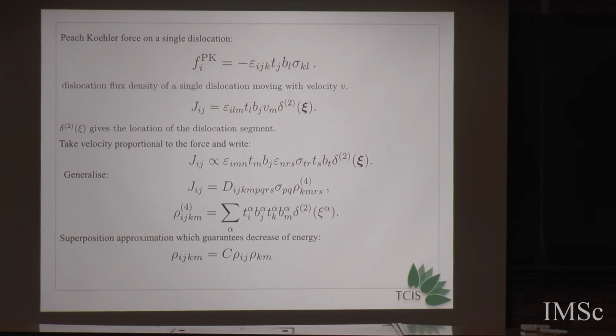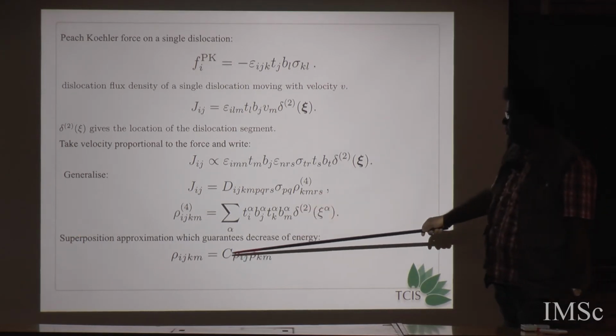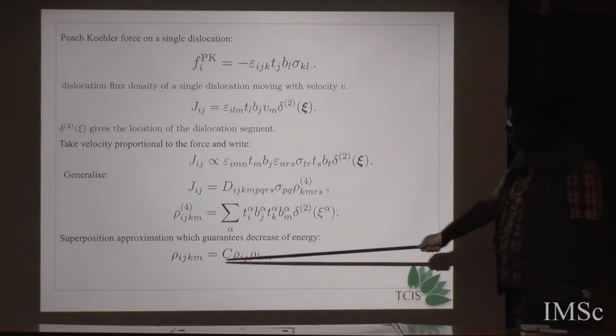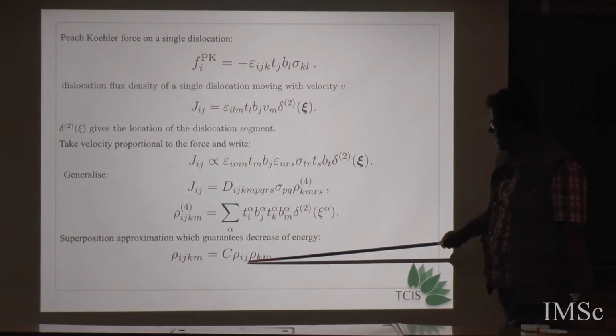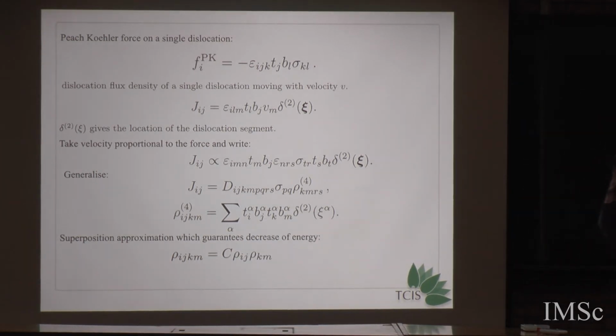The only way to make progress here is to make a superposition approximation like this and say that the fourth order rho_ijkm is just rho_ij rho_km with some constant c which we don't know anything about. Okay, so now you'll see how slowly we are putting in parameters which we don't know anything at all about.